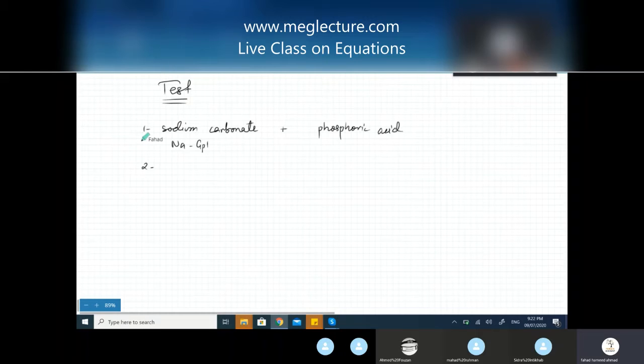That's number 2. It's copper 1 carbonate.